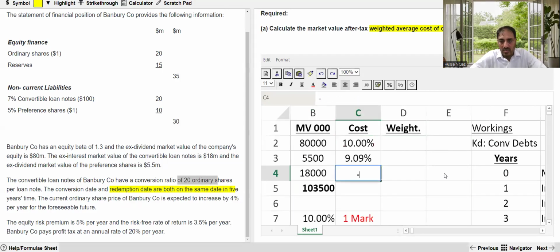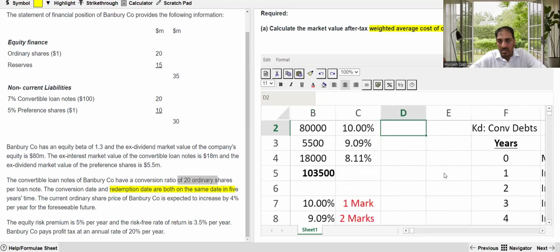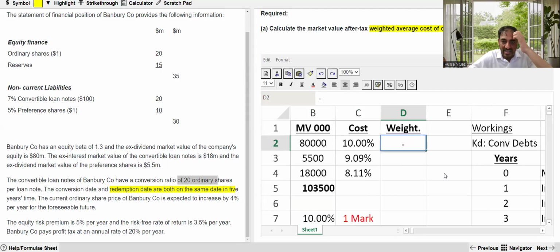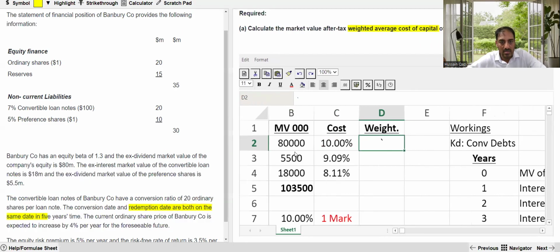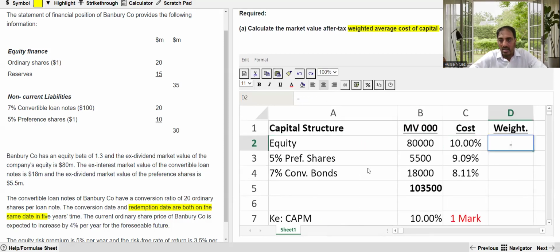Now calculate the weightage. The cost of equity, 10%, divided by the total 103,500 multiplied by the respective weightage, 80,000.